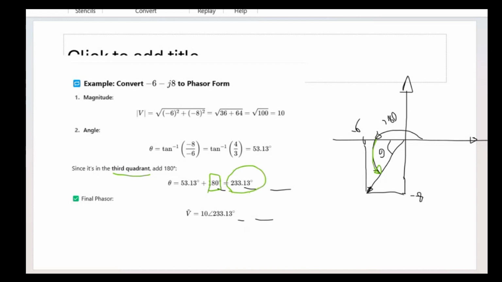And this is something to be aware of when you're using your calculator. Make sure it provides the right angle. Otherwise, you have to visually inspect and make sure this is the right thing. Anyway, based on what we just discussed, the magnitude is 10 and the angle, from here all the way to here, is 233.